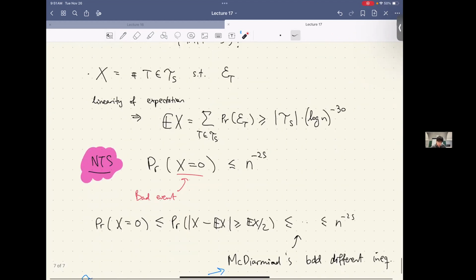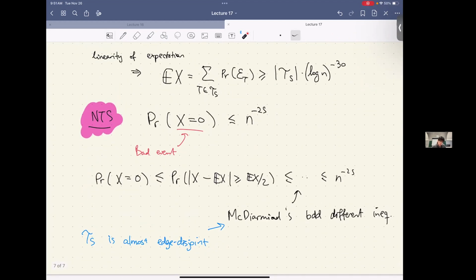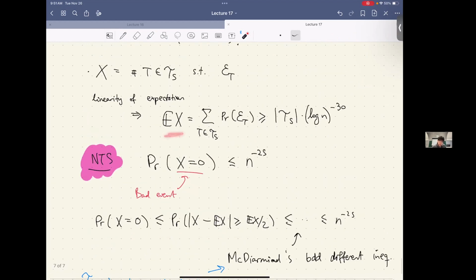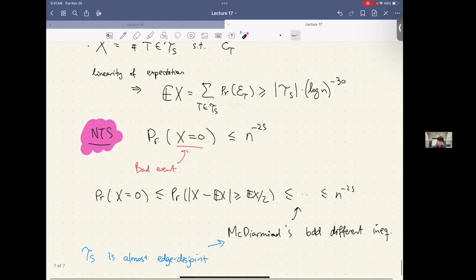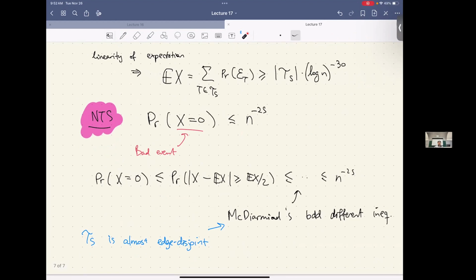So changing the order of an edge can only affect this value of X by a small amount. Basically saying that they are almost independent in some sense. If it's almost completely independent, you can use Chernoff. So this is a strengthening of Chernoff, sort of saying that if the dependence is not so strong, you can still get very, very high decaying probability. All right.